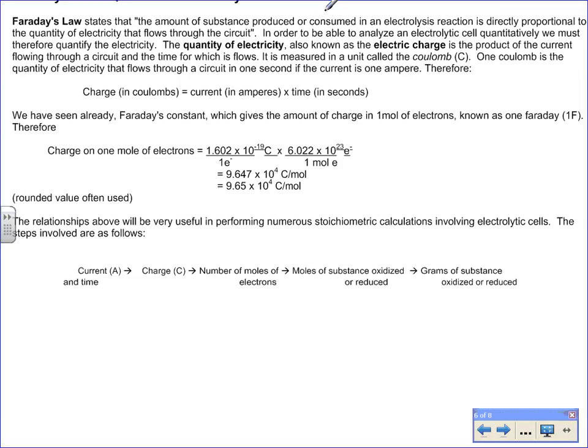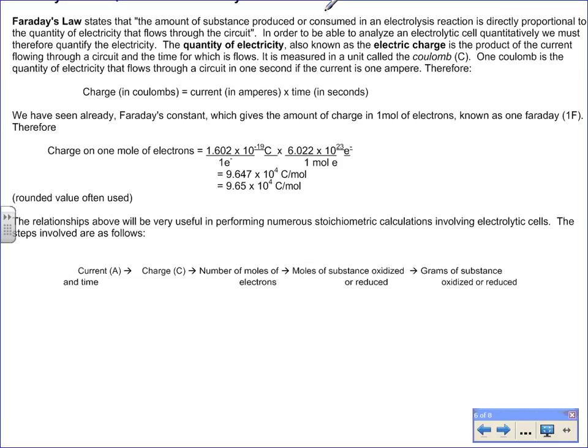So what we need to know in order to determine the amount of substance that's produced is we need to know the quantity of electricity that has flowed through the circuit. And to do that, we need to find the coulombs. And the coulombs of charge are determined by taking the current that's been applied and multiplying it by the time in seconds.